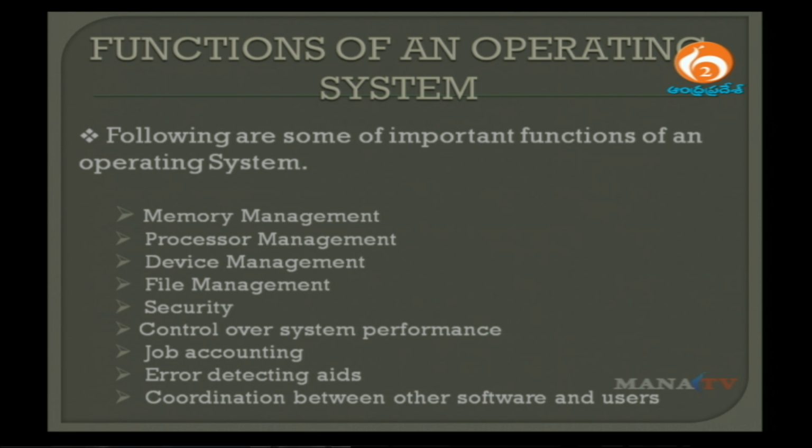So, these are the interface programs that are actually played by the operating system. These are the points you have to remember whenever I speak about the functions of an operating system, especially in your monitor or in your computer.